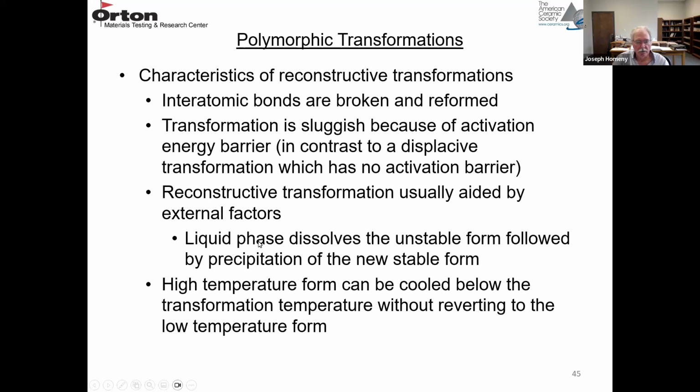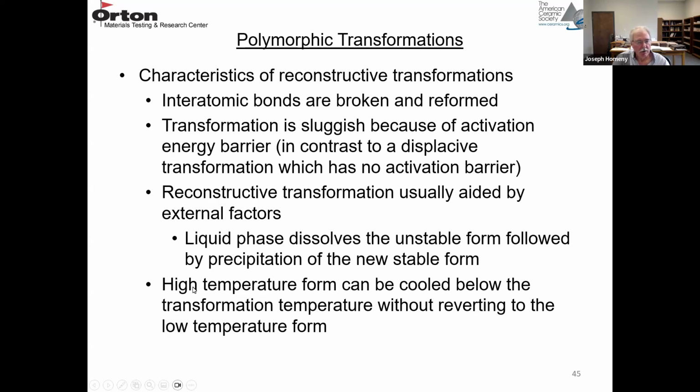You can create a liquid phase, which dissolves the unstable form, and then you precipitate the new stable form. This is exactly what you do when you add lime to silica to go from silica to cristobalite. You're dissolving the quartz and reprecipitating cristobalite. So you can create a liquid phase which enhances the reconstructive transformation rate.